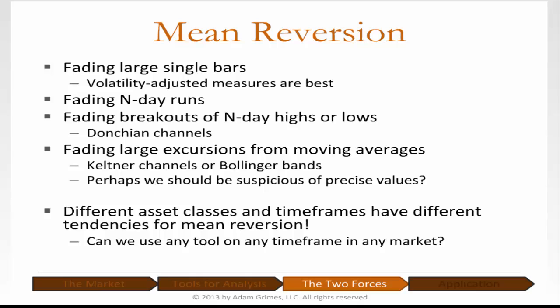Even though, if we test moving average touches and crossings of different moving averages, there's no statistical edge to those tools. I would not get excited about price crossing a 50-day moving average, but I would be interested in knowing whether price is near an intermediate-term average price or far from it.